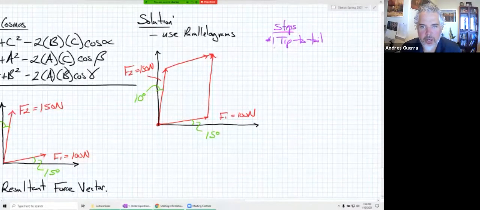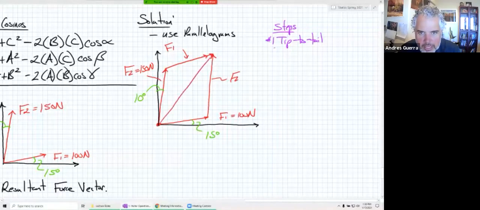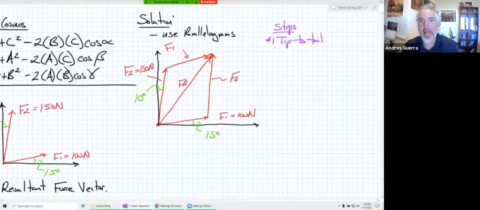So there we just created our parallelogram, and we know this one right here is F2, and this one over here is F1. And then our resultant is going to bisect the two of those. So there's our FR.